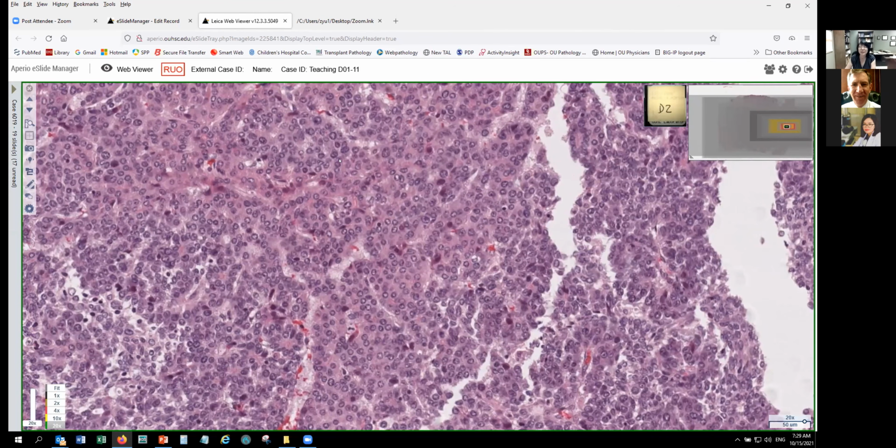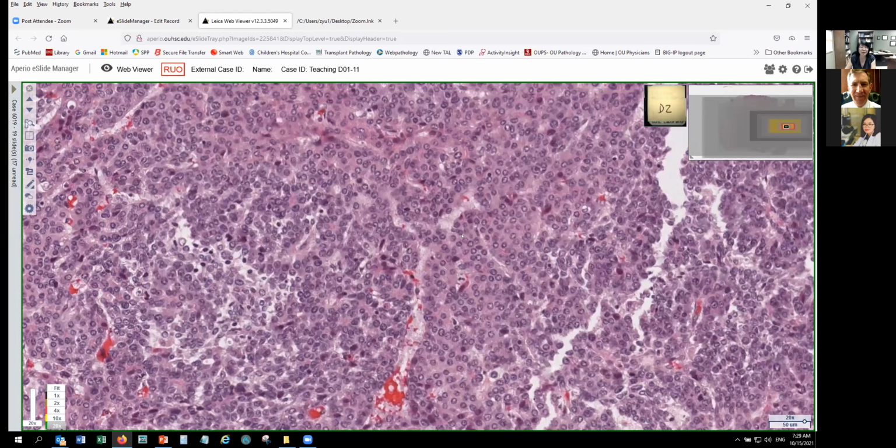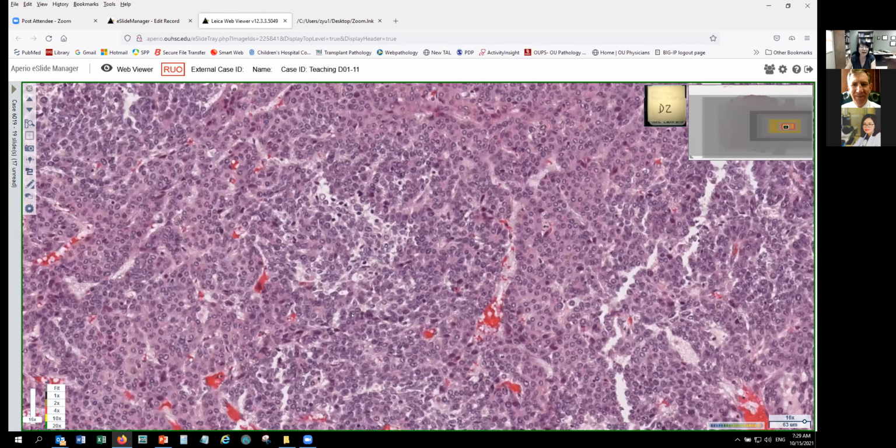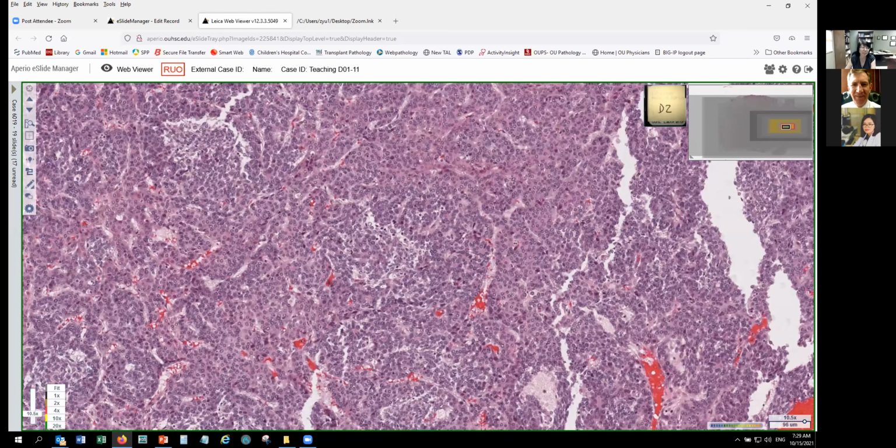So this area is hepatoblastoma fetal type. This area is still fetal type, but has increased mitosis, so it may be going toward embryonal type. But we have a better area of embryonal type. Go here.